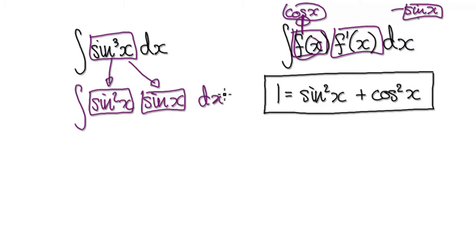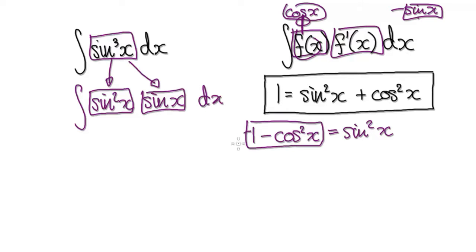So make use of this and write this block in terms of cos, because from this, let's take away sine squared. So we will have sine squared x plus cos squared x equals 1. Take away cos squared from both sides. So that would then be sine squared x equals 1 minus cos squared x. So now we can put this block into here.